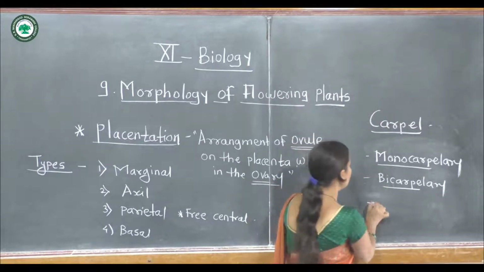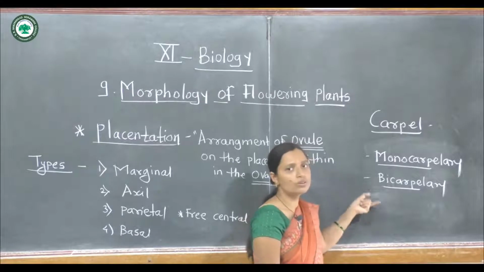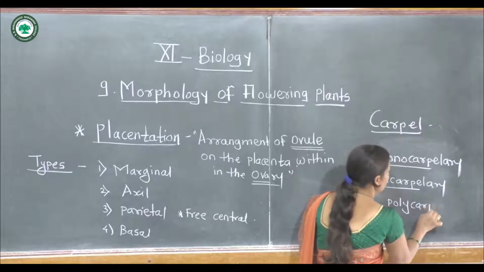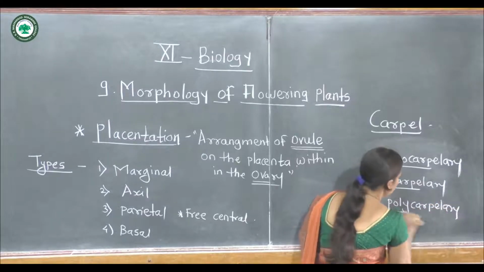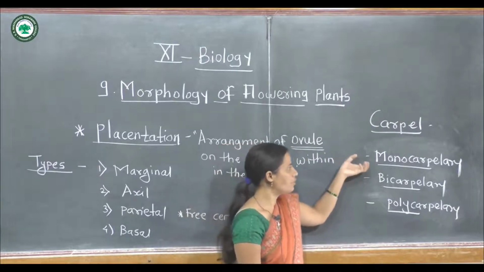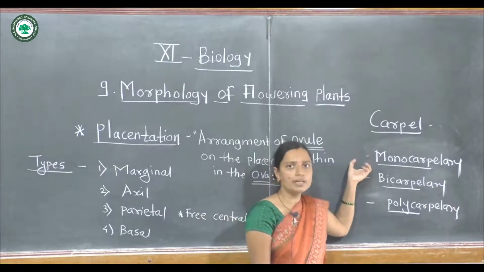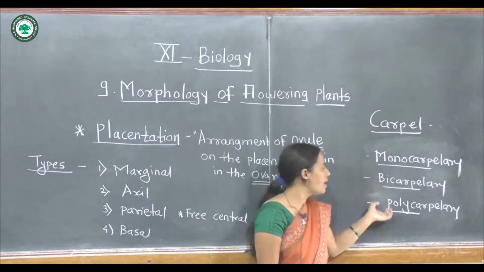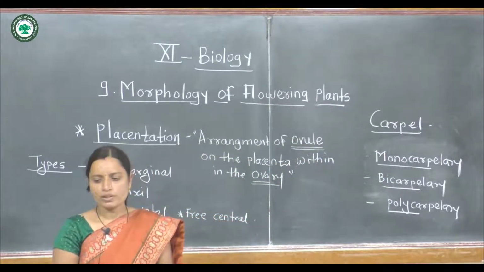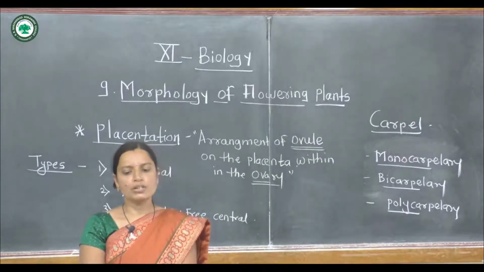In some flowers many carpels are present, and this type is called polycarpellary. It depends on the number of carpels the gynoecium has. These carpels are most important for the arrangement of ovules inside the ovary.